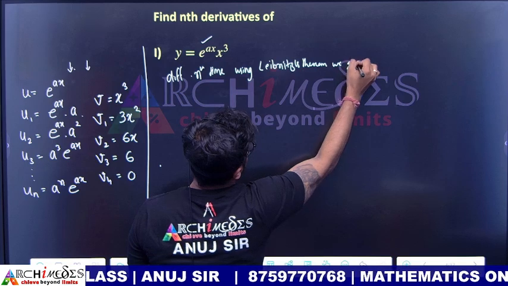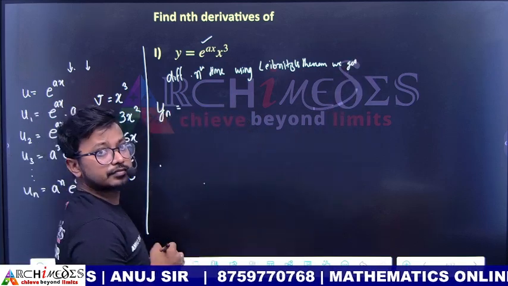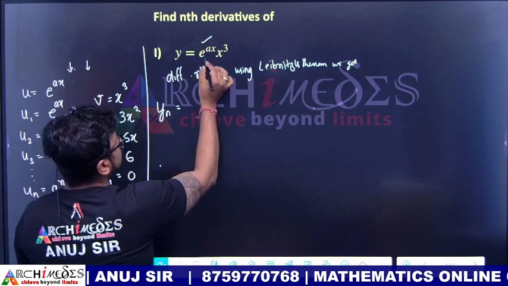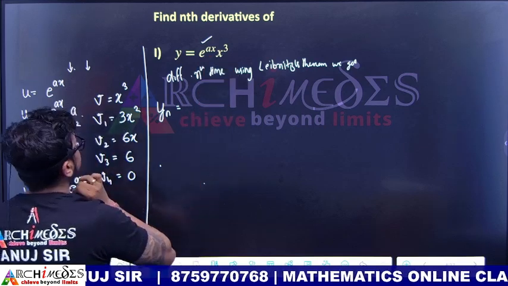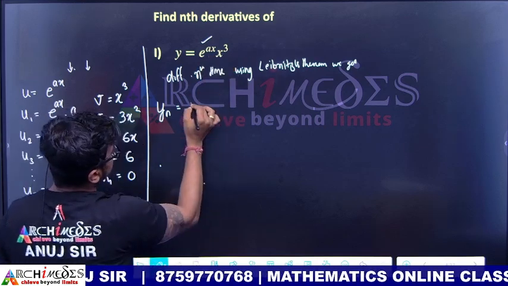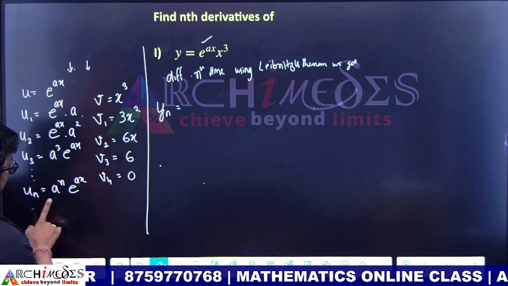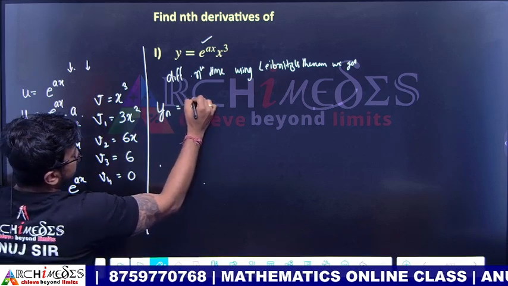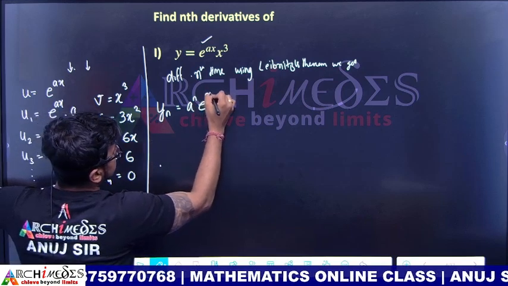We get, listen carefully, this is yn. Yes or no? Clear? So e to the power of ax is u, and this is v. So what is the formula? For e to the ax, you have to write un. So un is a to the n e to the power of ax.